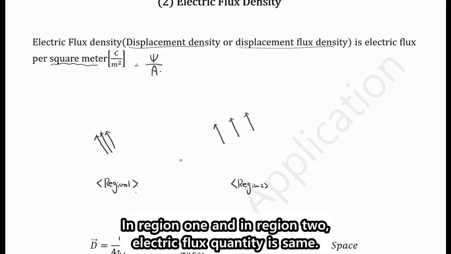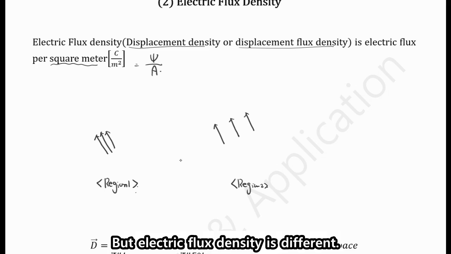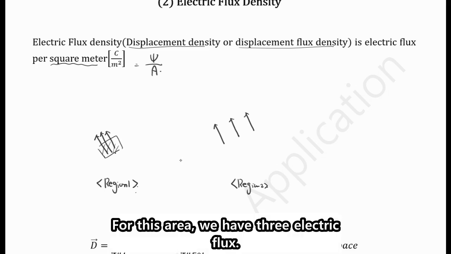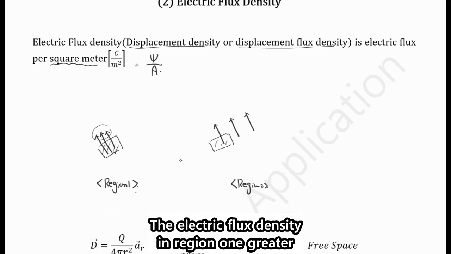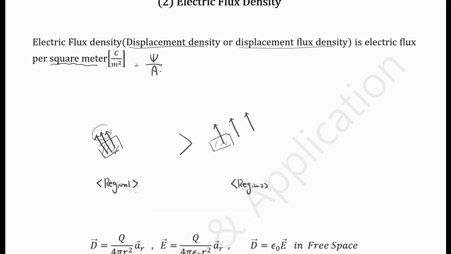The electric flux quantity is the same, 3, but the electric flux density is different. For this area, we have 3 electric flux. For this area, we have only 1. The electric flux density in region 1 is greater than in region 2.